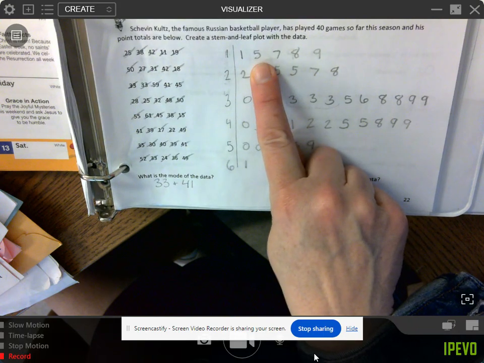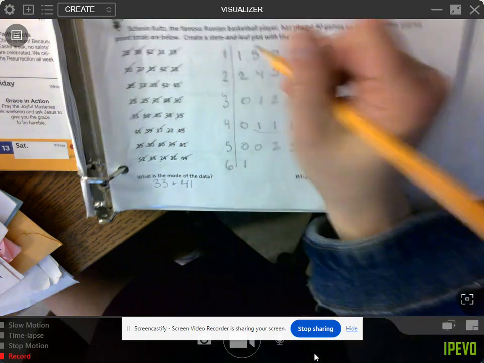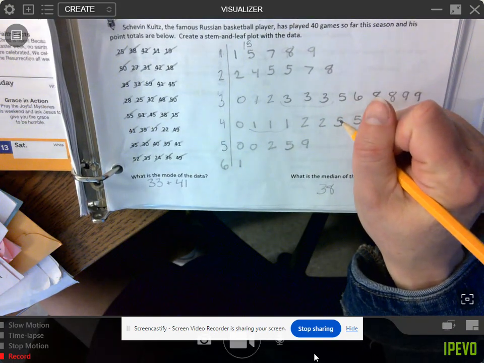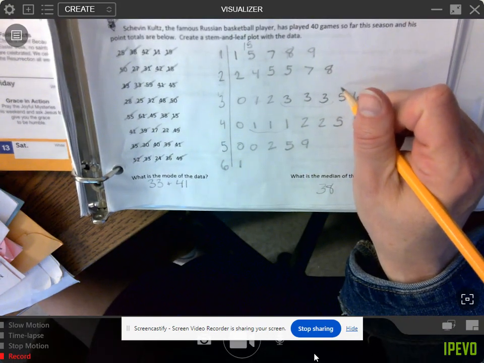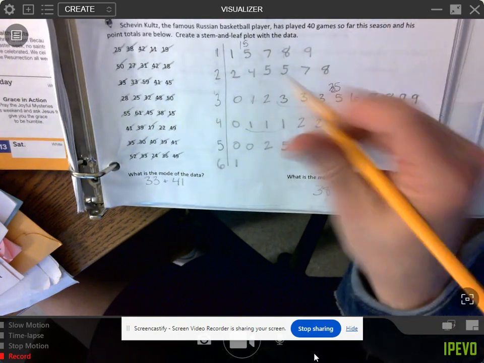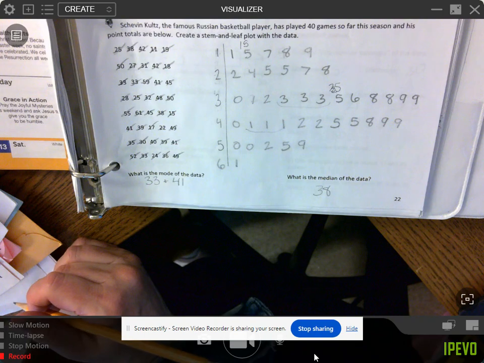This 5 is not a 5. It is a 15. That is not the same as this 5. That is 35. 35 and 15 are not the same number.